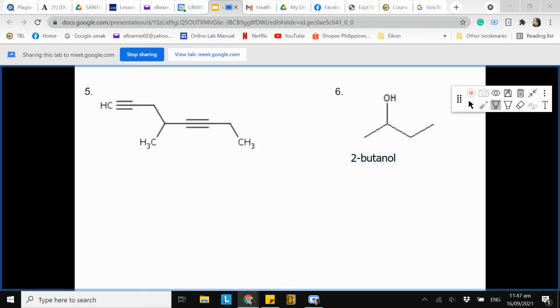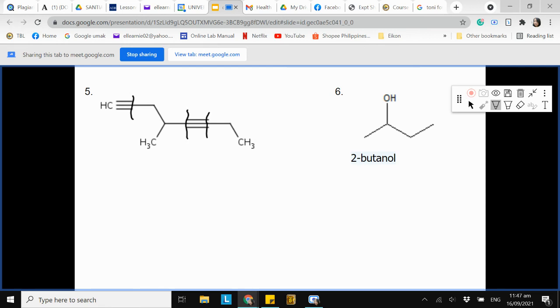Last example, ito. Hala, ano to? Para siyang eroplano o kaya spaceship. Hindi po, it's an organic compound. Okay, for this one, meron siyang isang carbon dito at isang carbon dyan. Okay?